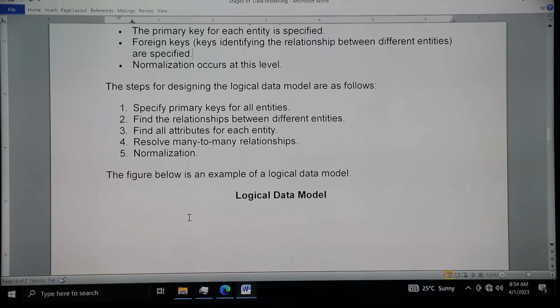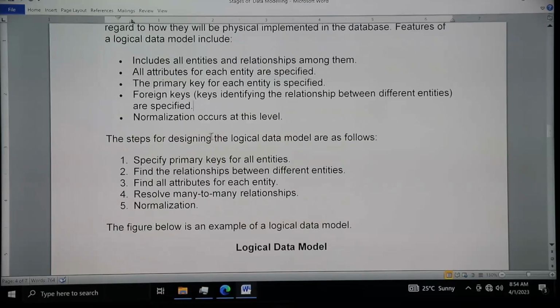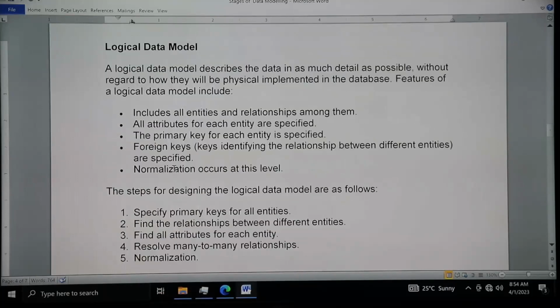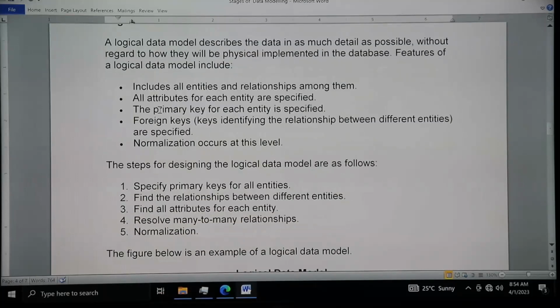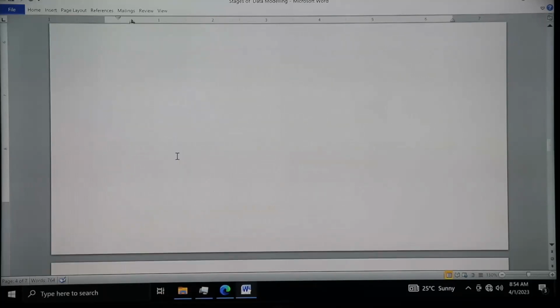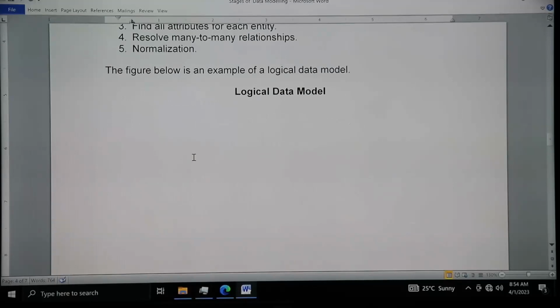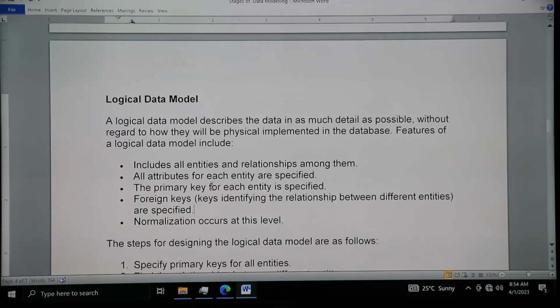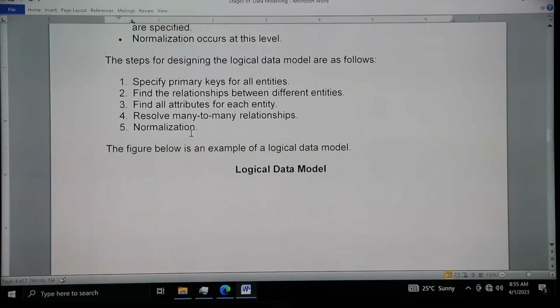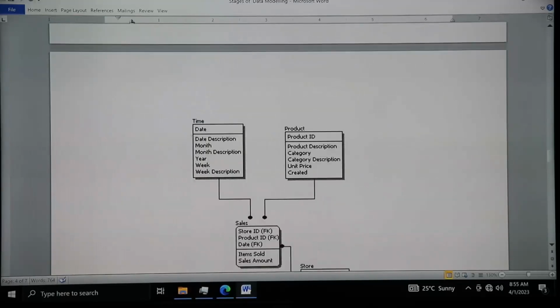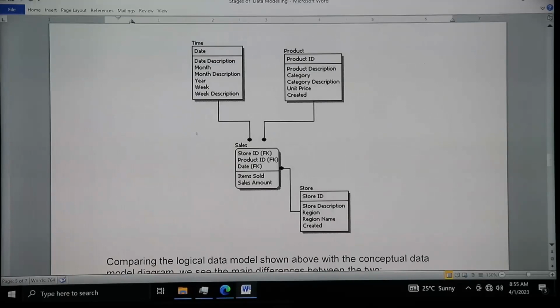So those are the basic steps done during the process of establishing a logical model. Again, we don't need to use database management software to establish a logical model. But sometimes we have software that we use just to design, but not to create.